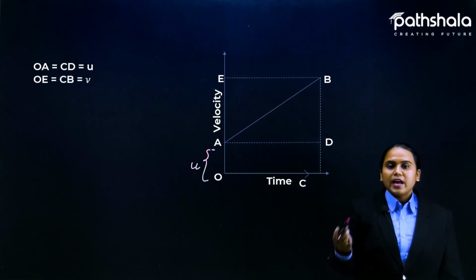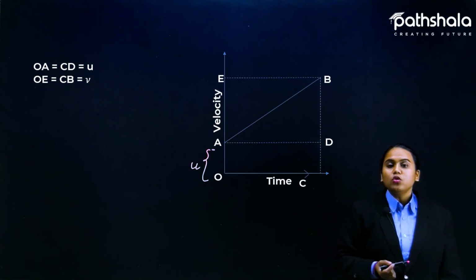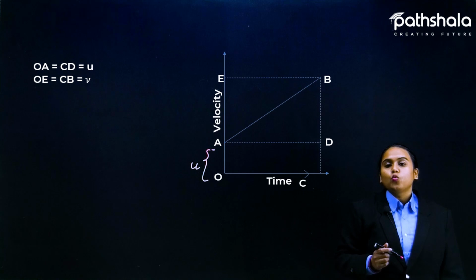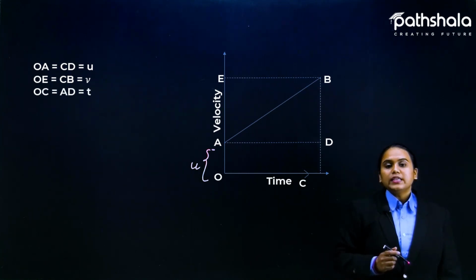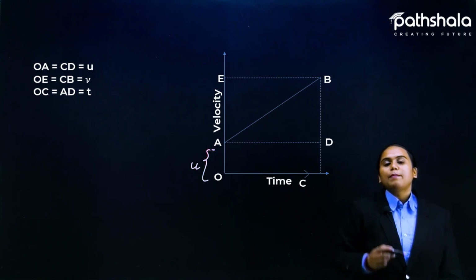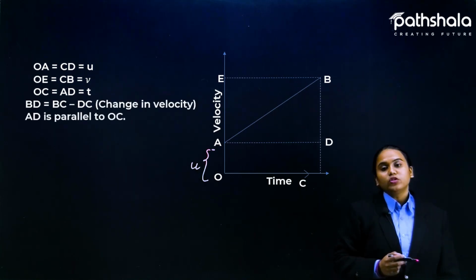Here we have OE, and OE is equal to CB, which is equal to V, that is the final velocity. Now see, OC and AD are both parallel and will give you the idea of time, because the x-axis always gives you time.